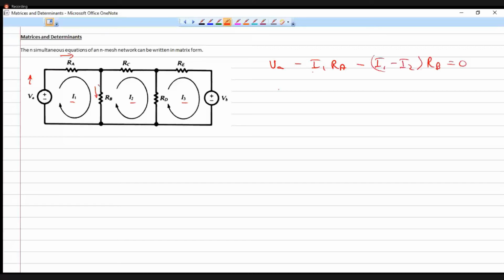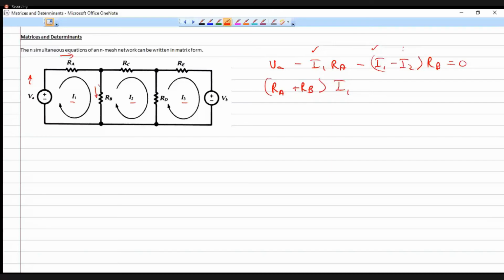On rearranging and simplification, I can write this as equal to RA. So I1 here and I1 here, so (RA plus RB) into I1.